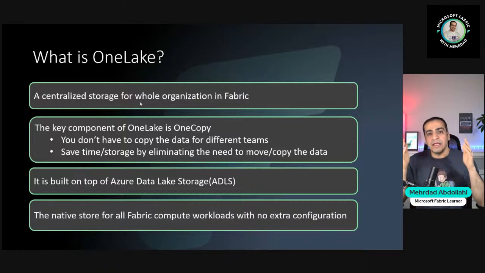And OneLake is the native store for all Fabric compute workloads, and there is no extra configuration needed. You can understand that all the components in Fabric, like Data Factory, data engineering, or dataflows, are going to store their data in OneLake.